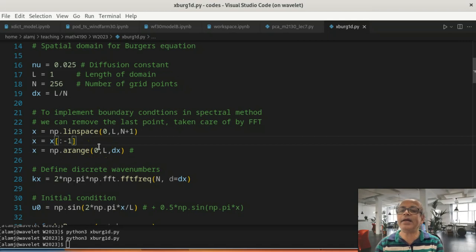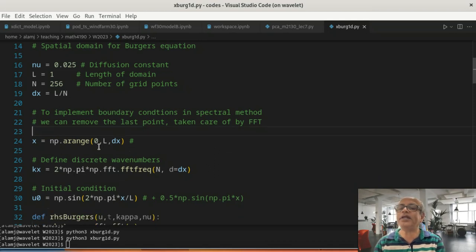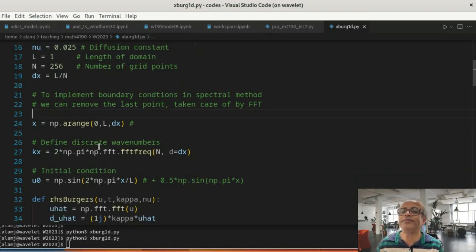Then I started with a grid from 0 to L with n plus 1 points, and after removing the last point I have n points, without the last point. So different ways it can be done. The main point for straightforward periodic boundary condition is to remove the last point and then let the FFT routine do it internally.